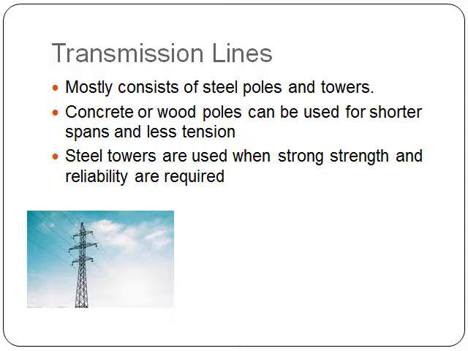In transmission lines, a lot of times steel towers are used when you need really strong strength, such as when you have a huge tension that you need to work with, or with very, very long spans, and reliability is really a concern and not the cost. In that case, you would preferably use a steel tower rather than poles.